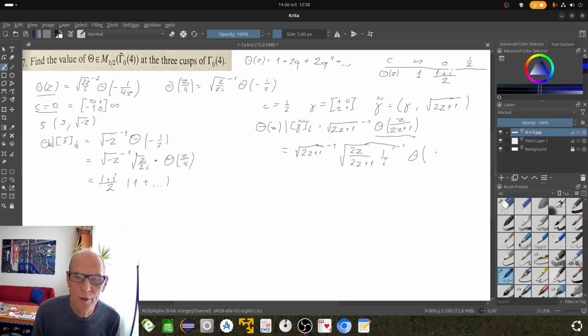Theta of minus the reciprocal, minus the reciprocal divided by 4.